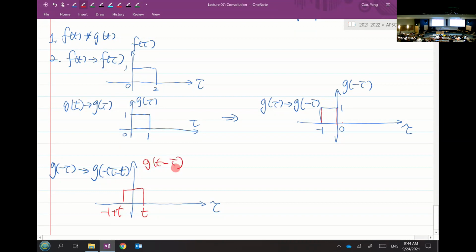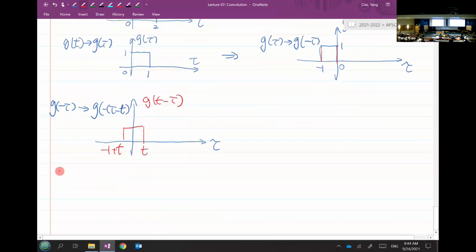Good. Once you are here, then you're ready to calculate, right? The next step here. You're ready to calculate the multiplication of the two curves or two graphs. Okay.